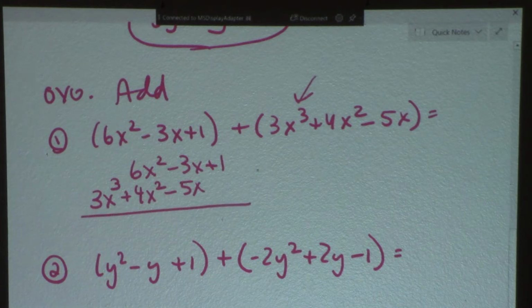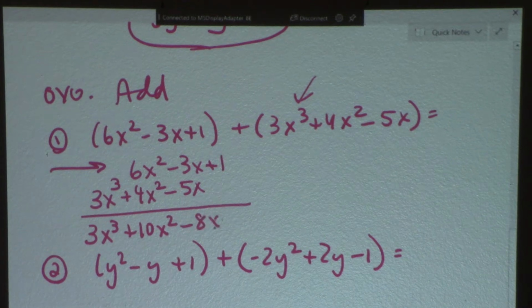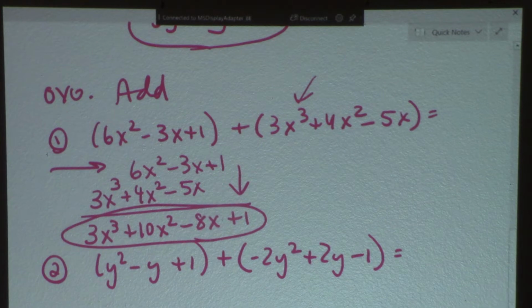And this one doesn't have a constant or a number without a variable at the end. That's okay. So I just combine with what I have. So nothing to add to this. There's nothing up here. 6 and 4 is 10x squared. And then negative 3 and negative 5 is negative 8. And then I have nothing to add to the 1. So that's okay.